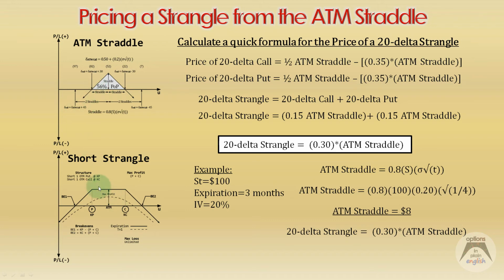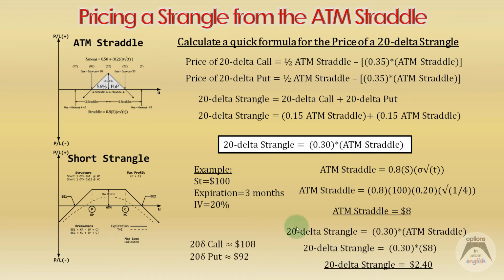But if I want to do a 20 delta strangle, I'm going to take in, of course, less of a credit, but the probability of profit is going to be higher. So the 20 delta strangle is going to be 0.30 times the at the money straddle. Right away, I know that it's going to be 0.30 times 8. The 20 delta strangle is going to be $2.40.